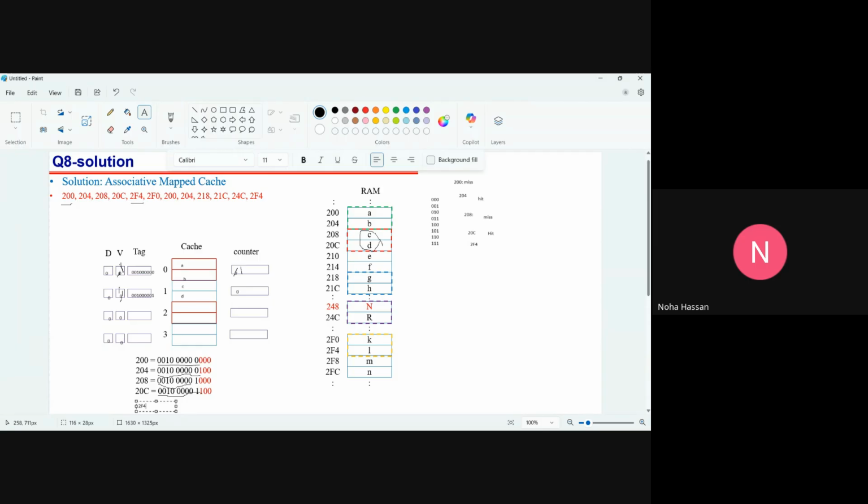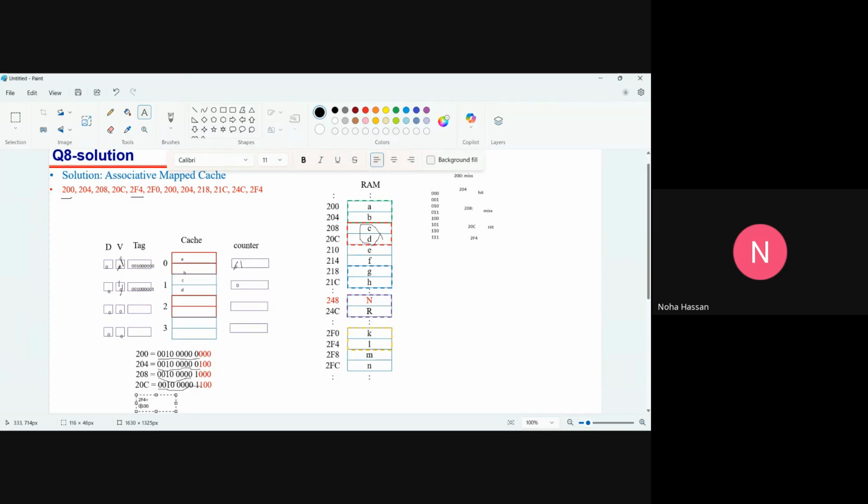2F4 equal, so I have first 4. Let me write it from here. 0, 0, 1, 0. The place is limited.